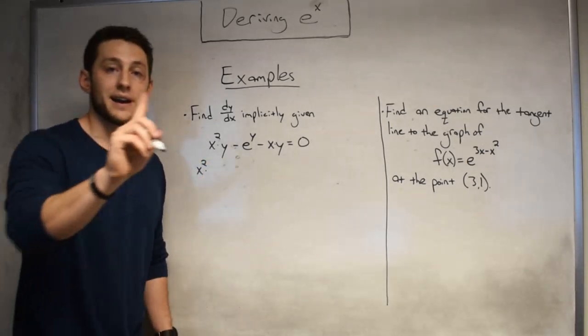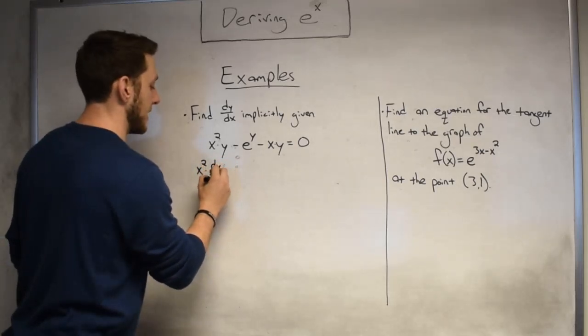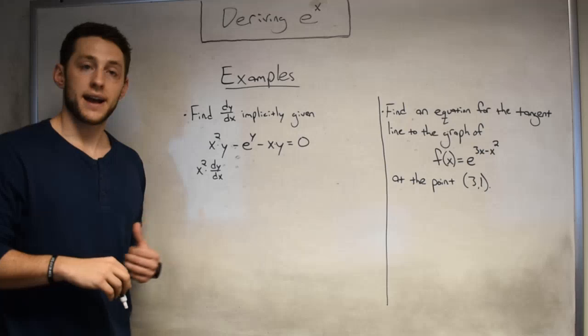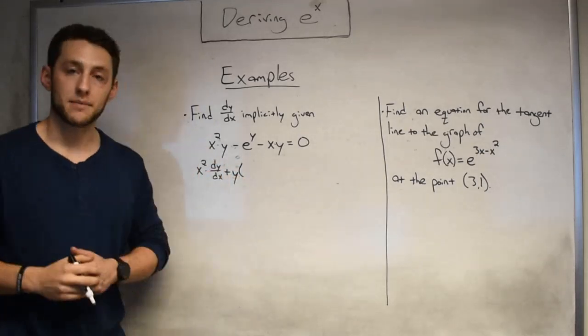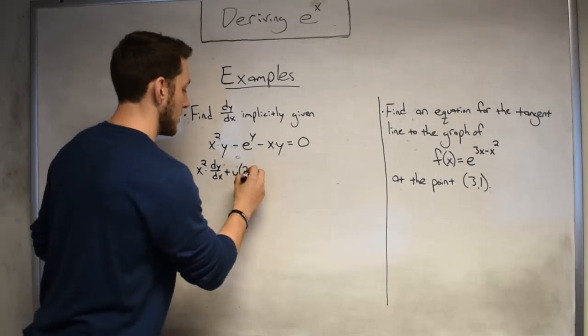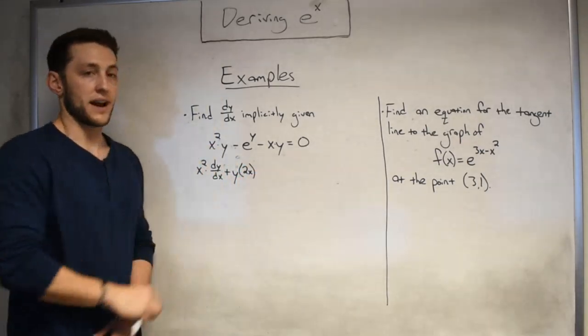The derivative of y is just 1, but remember to directly attach a dy over dx. First d second plus second, y, times d first, 2x. That's the derivative of this guy.